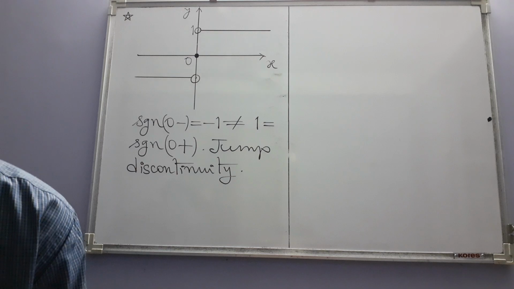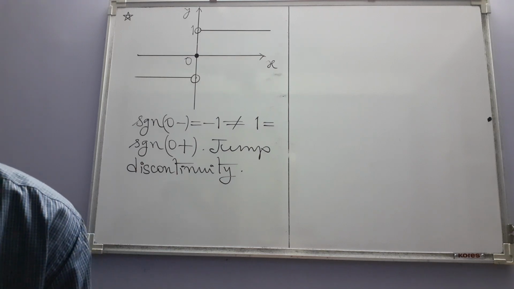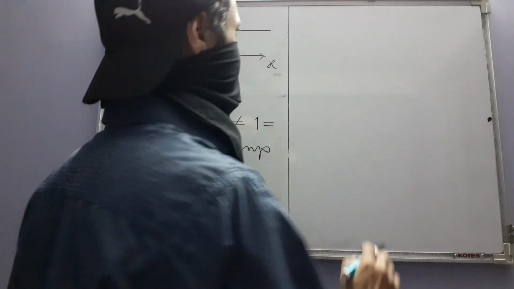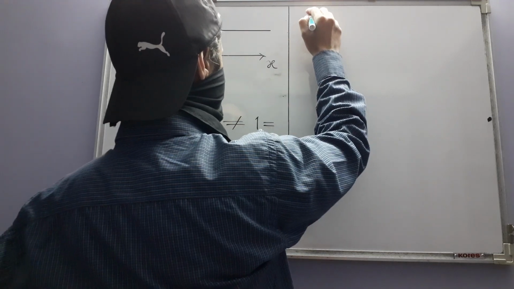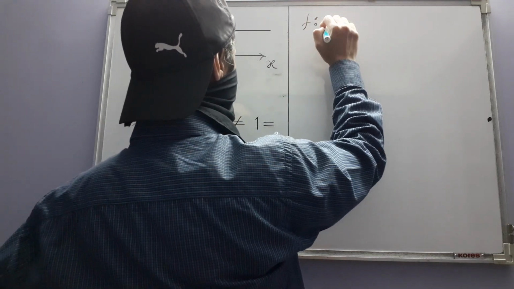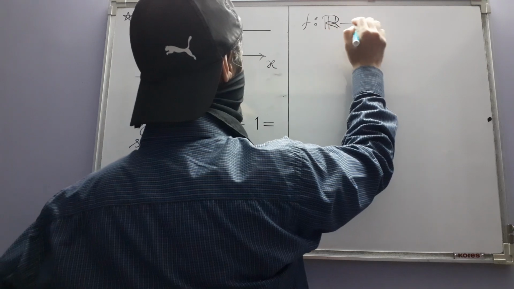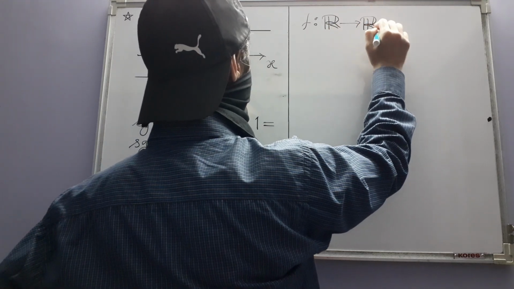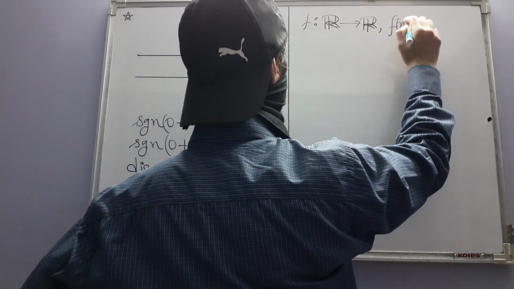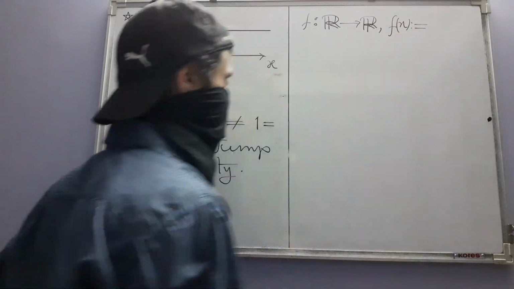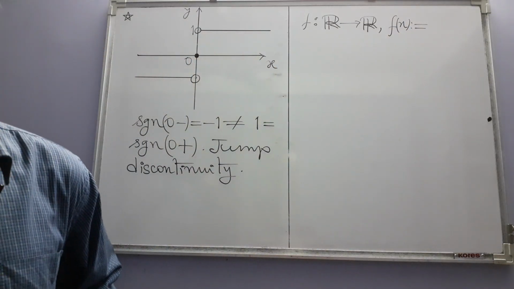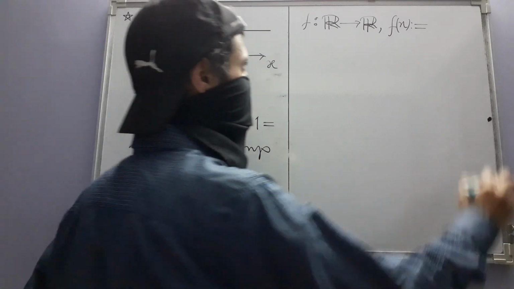The next function the author considers is also one that we have already seen. It is this function. f from R into R, and it is also partly defined, but its definition is this.